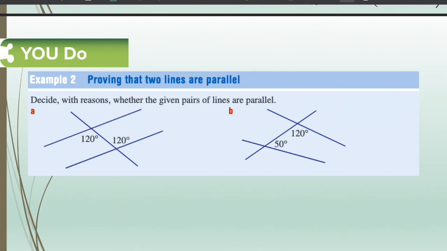Right, if we look at these two angles we have here in part A, we can make a Z out of those. These are alternate angles. Therefore, these lines are parallel. This is the symbol for parallel, because alternate angles are equal.